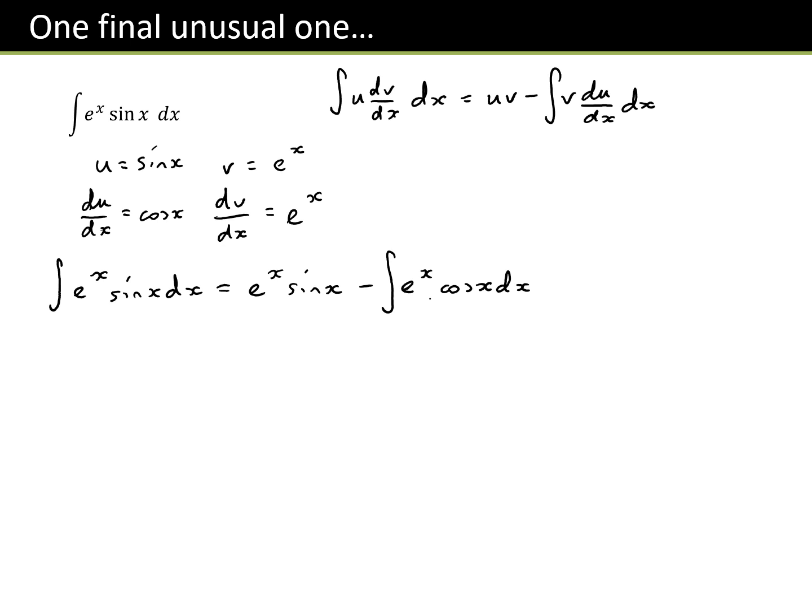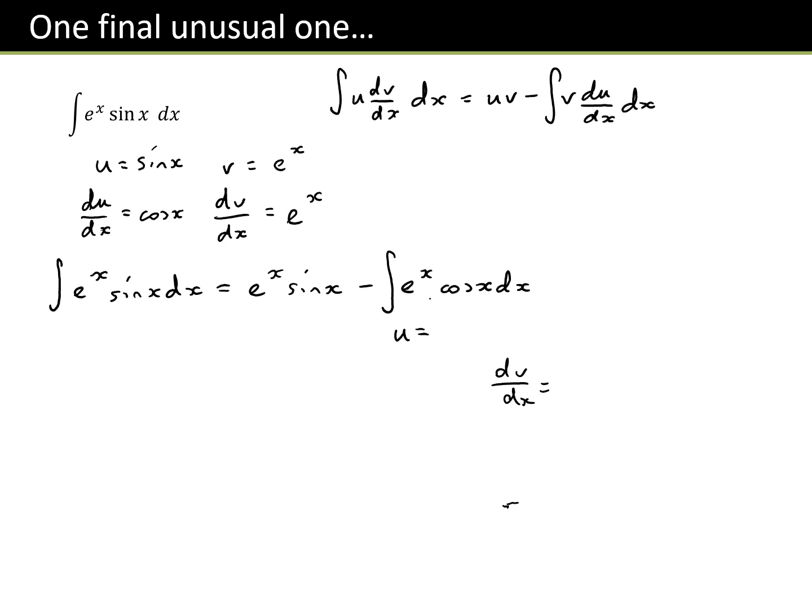Okay, now here we've got almost an identical thing to our question, so we're going to have to use by parts all over again. This is two things multiplied together, so we need to use by parts. So here we need to choose which one's u, which one's dv dx.